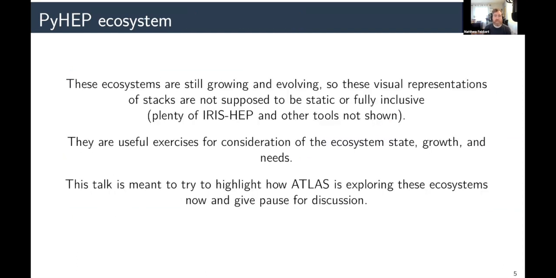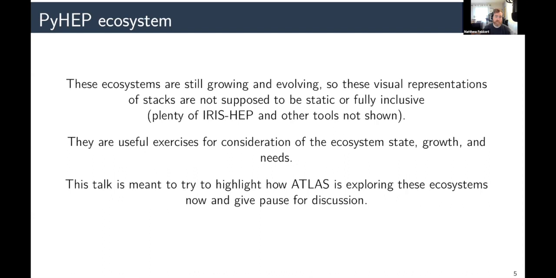And I say a subset because, on slide 5, these ecosystems are still growing and evolving. These visual representations of the stack are really useful, but they're not supposed to be static or fully inclusive. For example, in IRIS-HEP we have plenty of tools that are being built and exist.